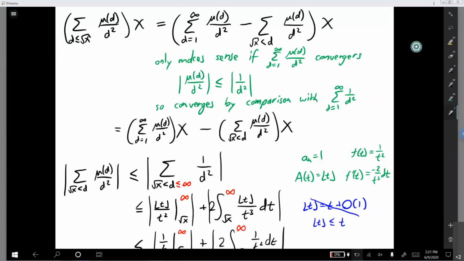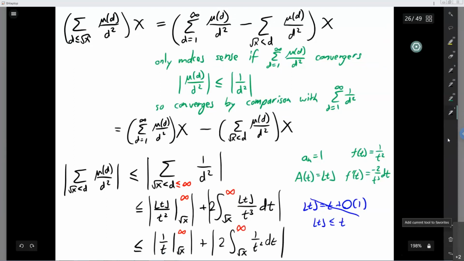Plug in the square root of x, you get 1 over square root of x. Integral of 1 over t squared is minus 1 over t again. So you once again have 1 over t running between square root of x and infinity. So it's convergent because the limit as t goes to infinity of 1 over t is 0. And then the lower bound is, again, a 1 over square root of x, or in this case, 2 over square root of x.